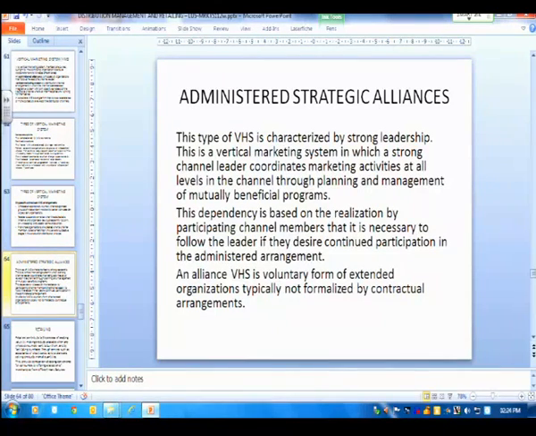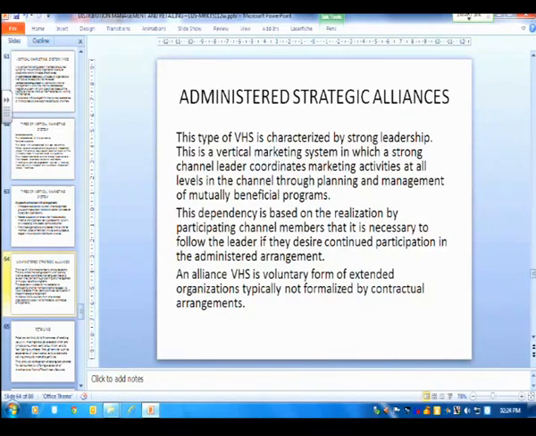Administered strategic alliances. This type of VMS is characterized by strong leadership. This is a vertical marketing system in which a strong channel leader coordinates marketing activities at all levels in the channel through planning and management of mutually beneficial programs.